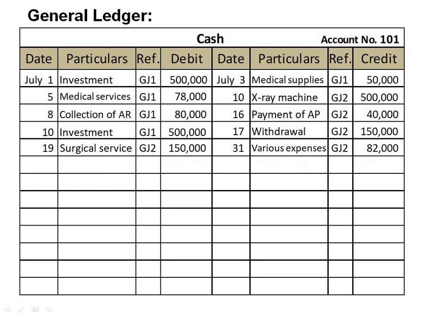Instead, just add all the amounts in a money column. Then, subtract each amount in the other money column.